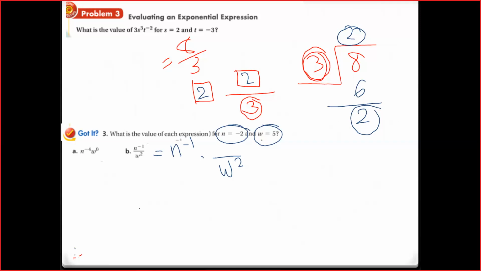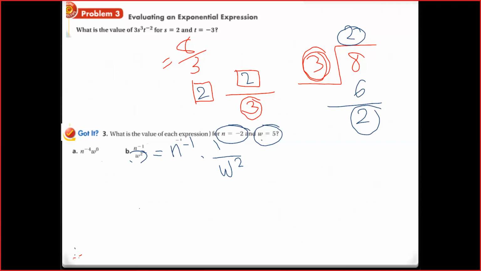Now, n to the power -1 multiplied by 1 over w squared. Because this w squared is a denominator, I must keep it as a denominator. If I write it as a denominator, there must be a numerator, so I will write it as 1.